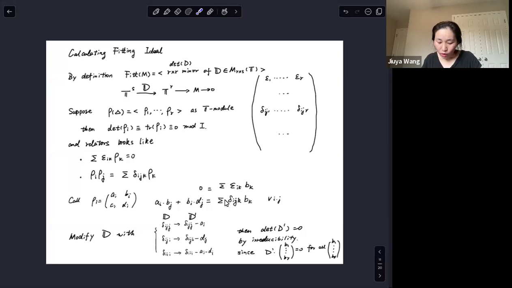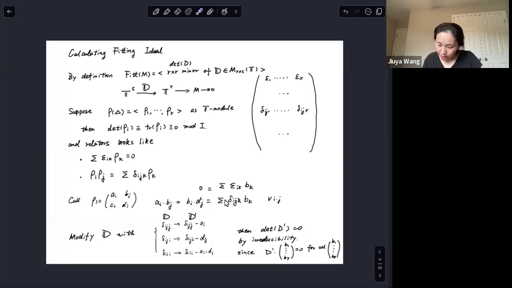Okay, so what this can give you is a new big matrix. If you just replace all these delta ijk following these rules, you will get a new matrix that has the same dimension as the relator matrix, but every R by R minor automatically has determinant 0.